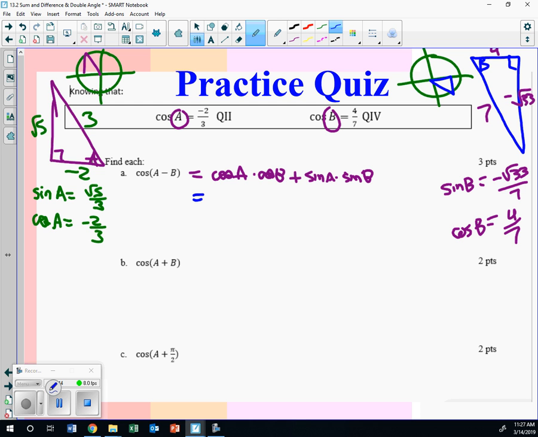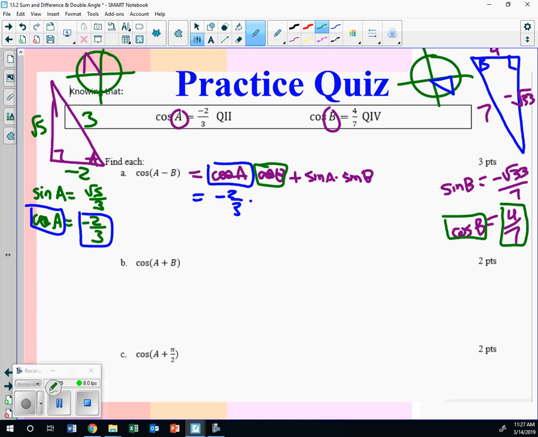The cosine of A, this whole cosine of A is here, negative 2/3. Did anybody write cosine of negative 2/3? I hope not. Don't replace the whole thing with negative 2/3. Then cosine B is just over here, so you're going to replace that with 4/7.